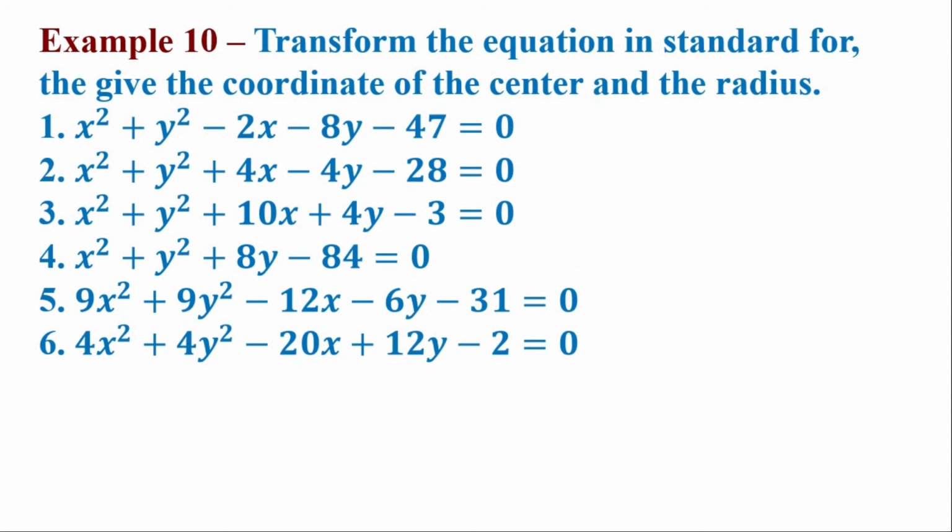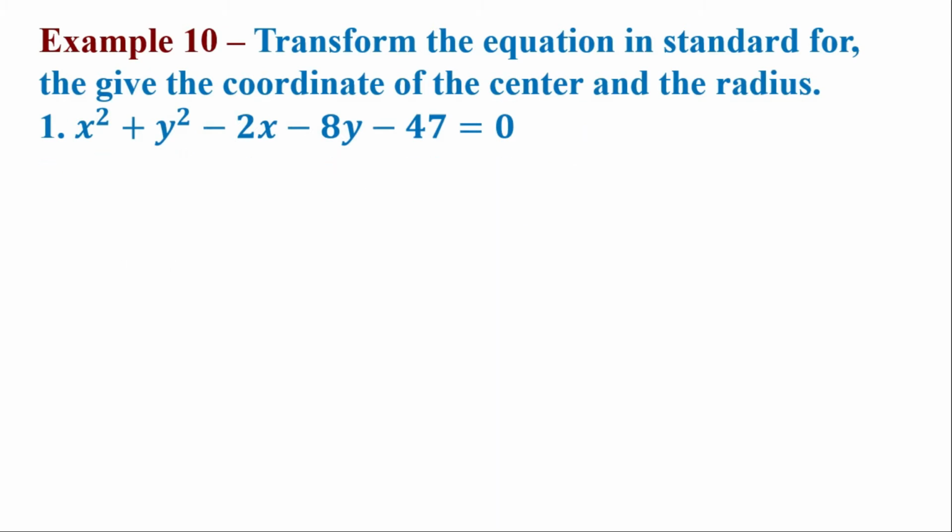For number 10, we need to find the center and the radius given the general form. Now, if we have a general form given, the best way to find the center and the radius is to transform each equation into center-radius form or standard form. So we'll do that. Let's start with number 1.